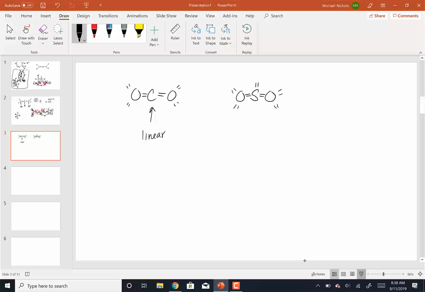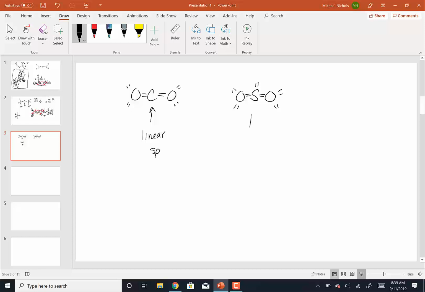And before that, how do we know that the carbon is linear? In other words, we have what hybridization? This is sp hybridized. So we've got to determine what the central atom's hybridization is in order to determine its VSEPR geometry. Or you could just do the VSEPR geometry directly. It's got 2 single bonds.